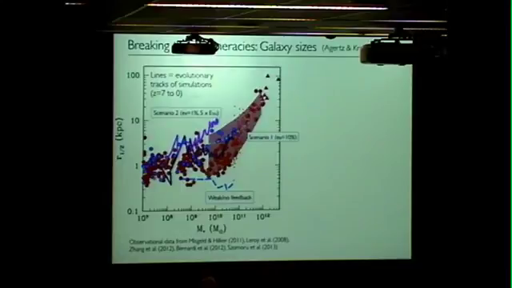The line here shows the regulated model, where we are matching the data at all stellar masses, while in the boosted feedback one we get more of a stellar halo-like object where we are overestimating the galaxy size. And without any feedback, we are in the overcooling regime, so we are clearly not matching this data at all.